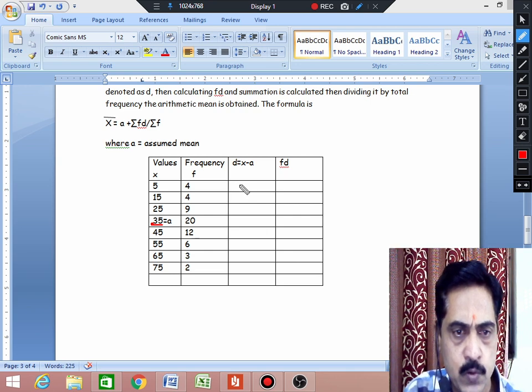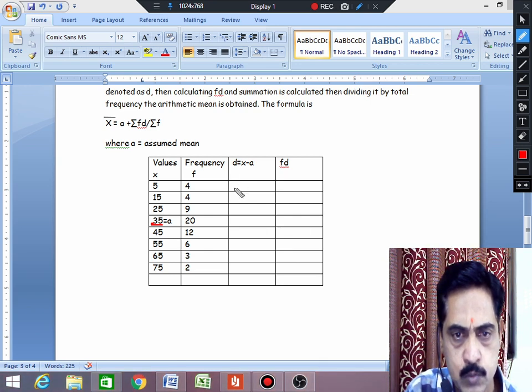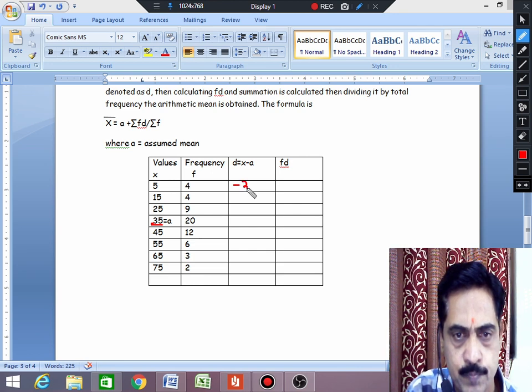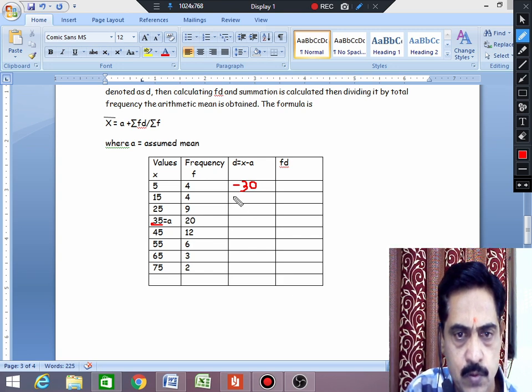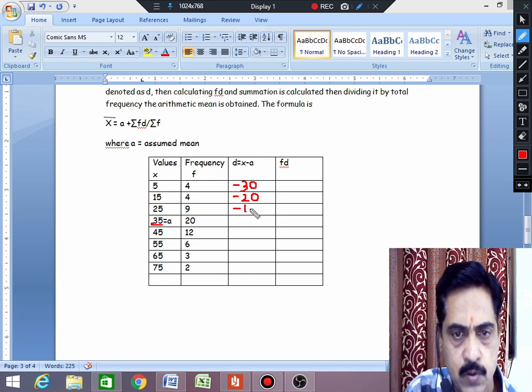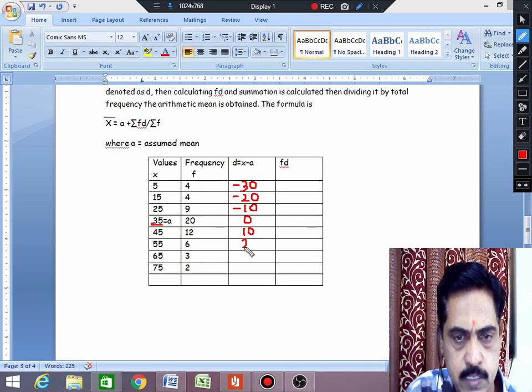So d equals 5 minus 35, which is minus 30. 15 minus 35 is minus 20. 25 minus 35 is minus 10. 35 minus 35 is 0. 45 minus 35 is 10, and this is 20, this is 30, and this is 40.